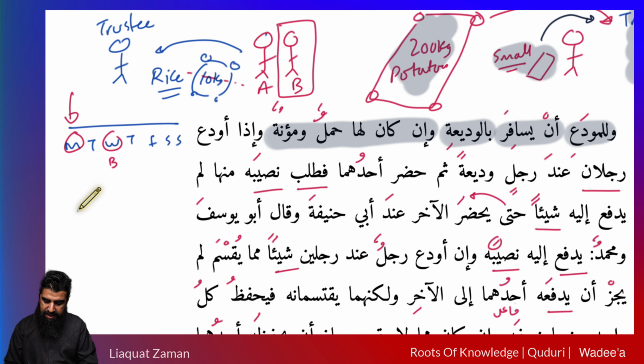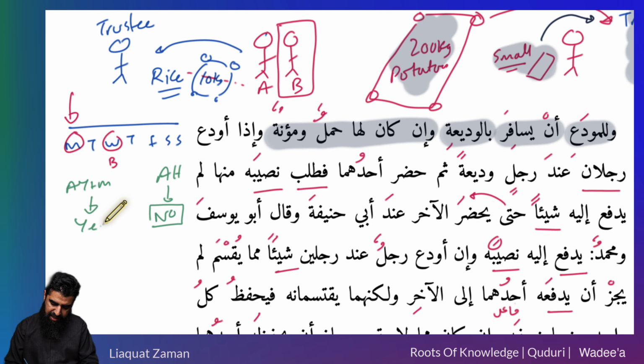Here is where there's a difference of opinion. Imam Abu Hanifa rahimahullah says no. You can't until the other person turns up. A has to turn up in order for you to be able to give it to him. And Imam Abu Yusuf and Muhammad say, yes, you can. That's the difference between the two.